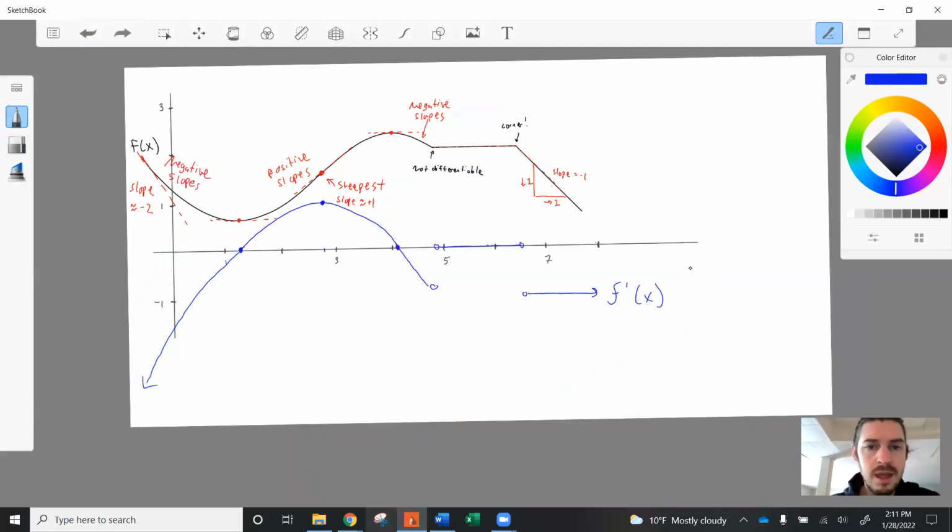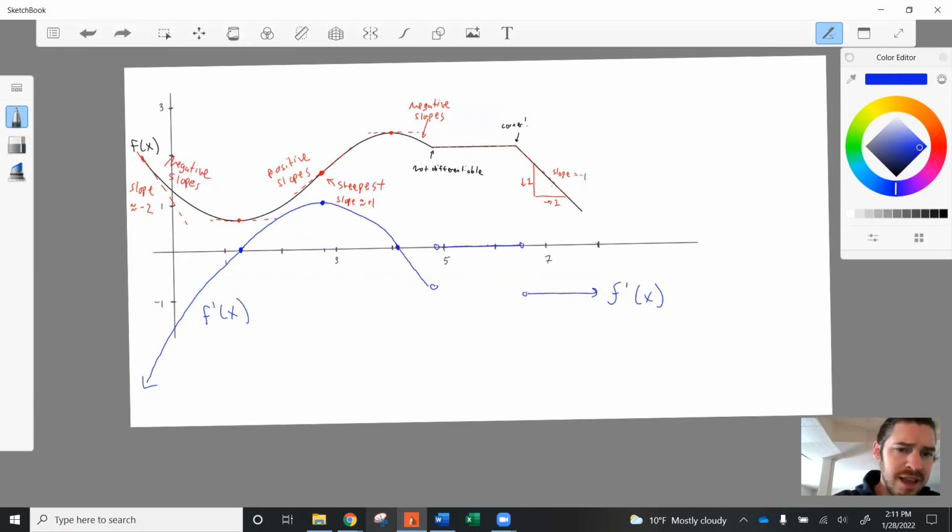Okay. And this demonstrates connections between the function f and the function f prime. You've seen that when f of x is horizontal, f prime is equal to 0. When f of x is decreasing, f prime is negative, like there. Over here, it's negative. When f of x is increasing, f prime is positive.